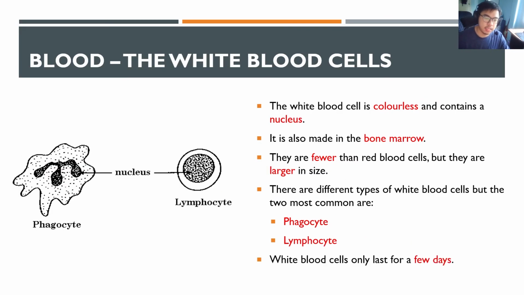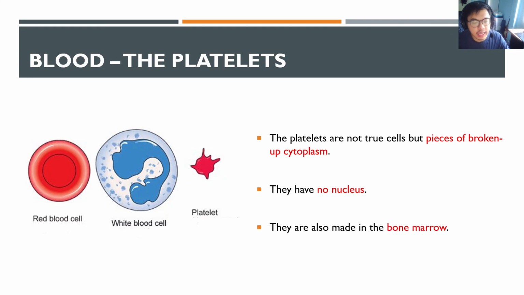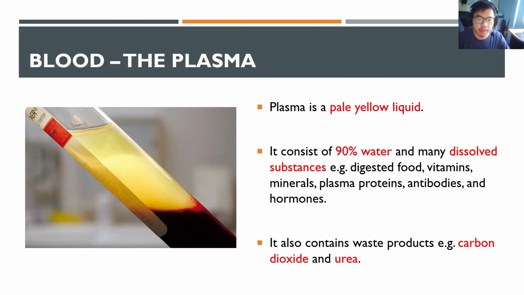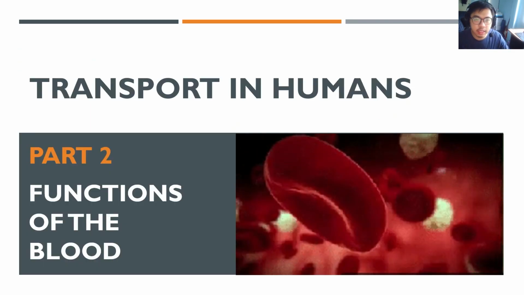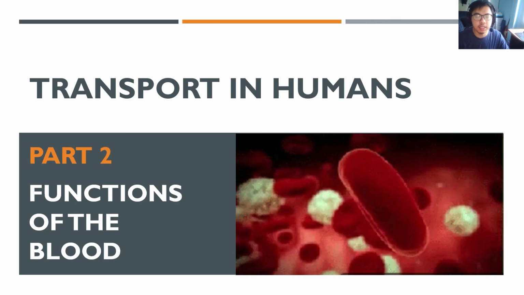The white blood cell, make sure you know it is colorless. Make sure you know the two most common types of white blood cell are the phagocyte and the lymphocyte. For the platelets, they are not really cells, they're just broken pieces of cytoplasm. And lastly, the plasma, make sure you know it is a pale yellow liquid that makes up part of the blood. Next part, we're going to look at the function of each of these parts of the blood.